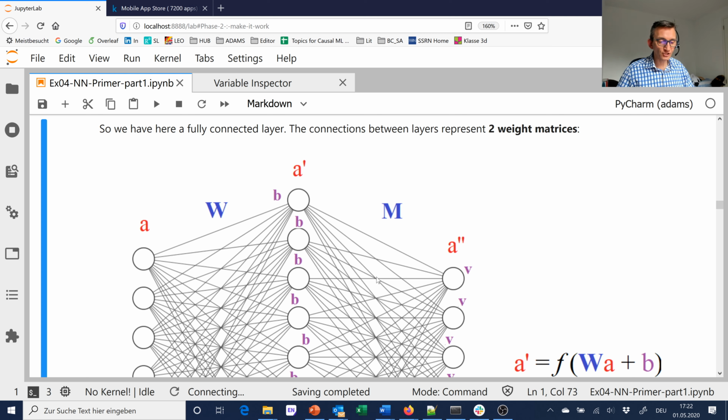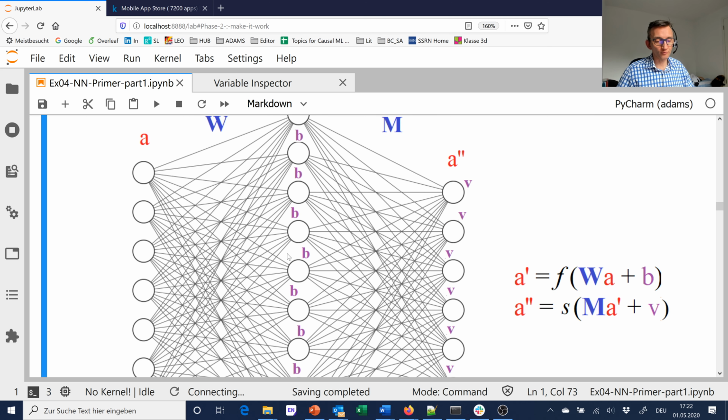And with this notation, which is mainly because we like that graph here, you could write down the mathematical equations of your neural network in matrix form by saying that the weight matrix times the input A plus bias, put through some nonlinear activation, gives you the output of your hidden layer, A prime.